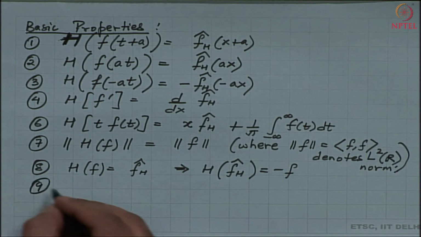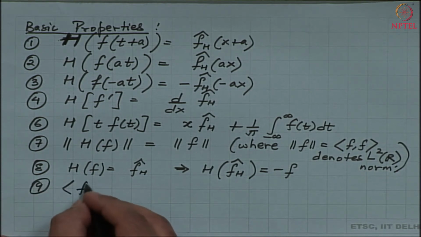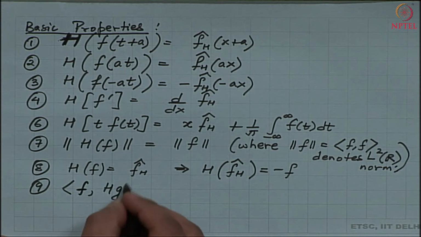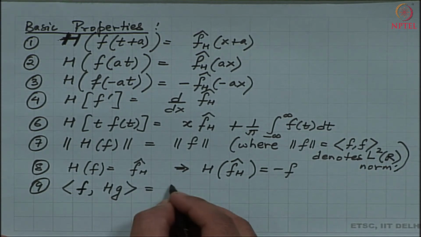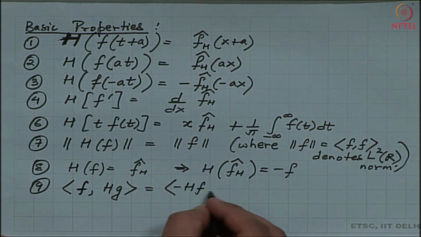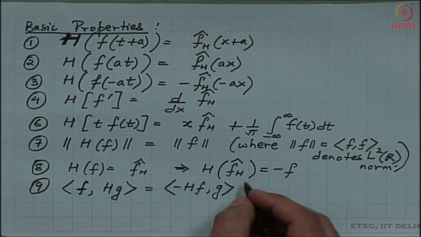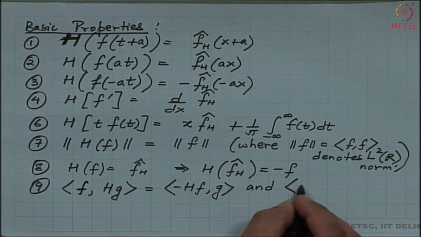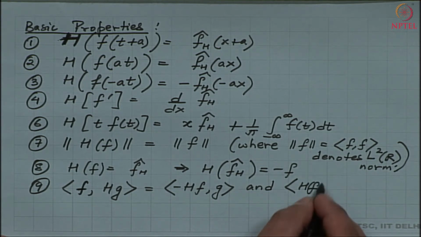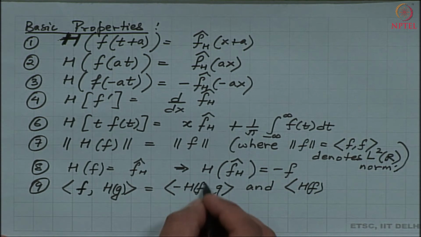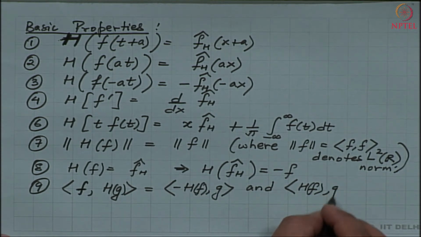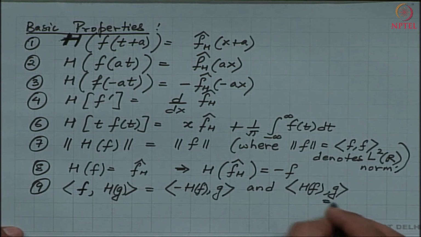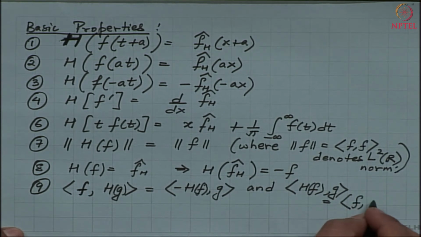Finally, another property shows that the inner product, again in the L2 sense, of f with the Hilbert transform of g is the inner product of the Hilbert transform of f with g. Let me write down another one in the same fashion: the inner product of the Hilbert transform of f with g is equal to the inner product of f with the negative Hilbert transform of g.